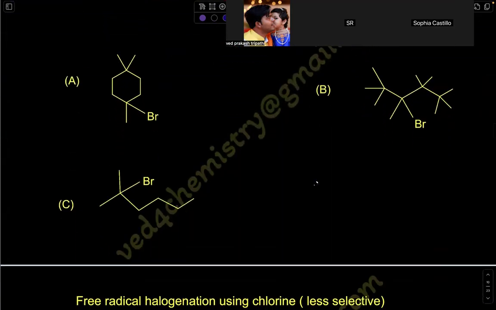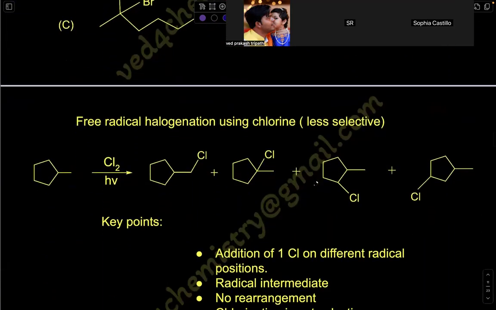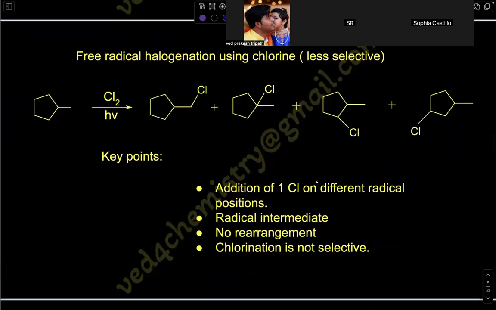Always figure out the most stable radical. Free radical halogenation using chlorine. This is very, very important. So chlorine is not selective. It means it would give you a mixture of all the possible products.